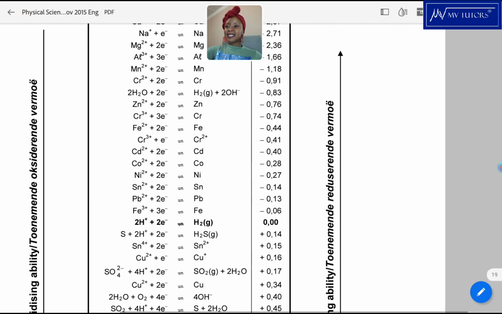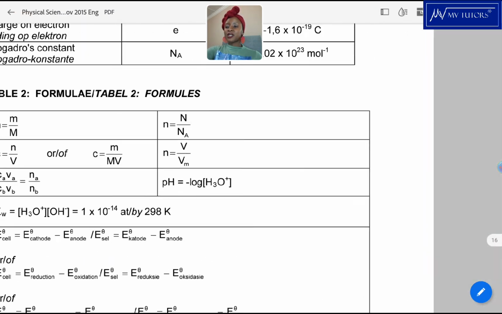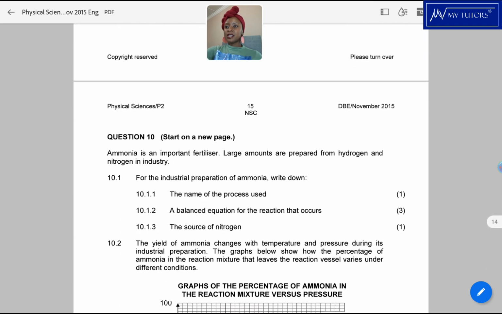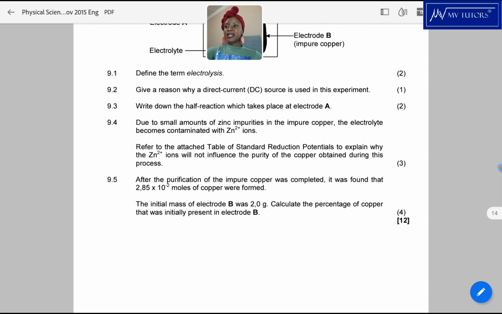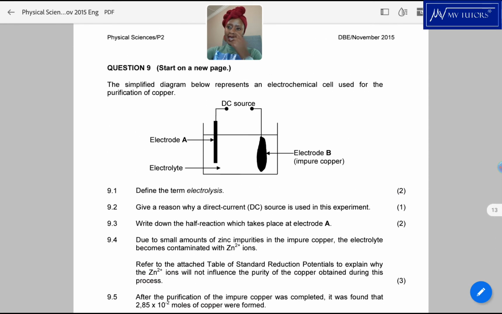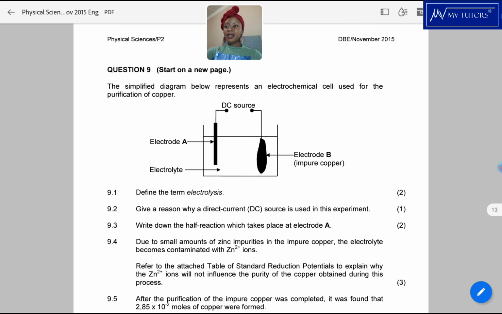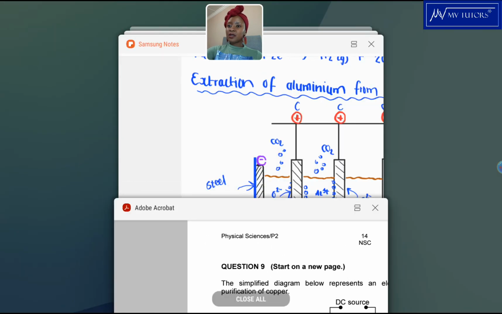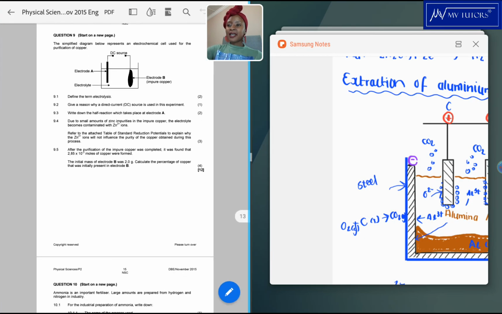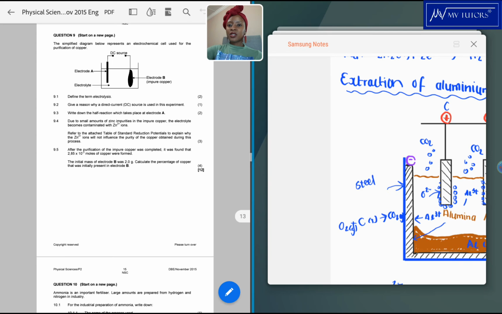Okay, and let us see how we can apply all this knowledge. I'm looking at a 2015 paper, and this is for the electrolytic cell. What I'm gonna do, I will separate the two such that they can be side by side and we can answer questions.